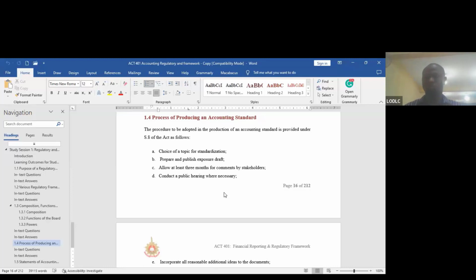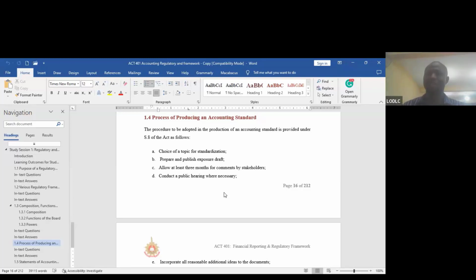For instance, we have IAS. IAS is still in operation because every relevant IAS is still in operation. Do you understand? But once an IAS has been produced and the new IFRS on that particular issue has now been produced, that one will repeal the former IAS.